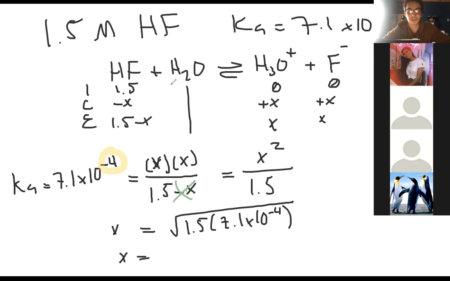Square root of 1.5 multiplied by 7.1 times 10 to the -4. So Pablo got 0.03, and I got 0.03 as well.